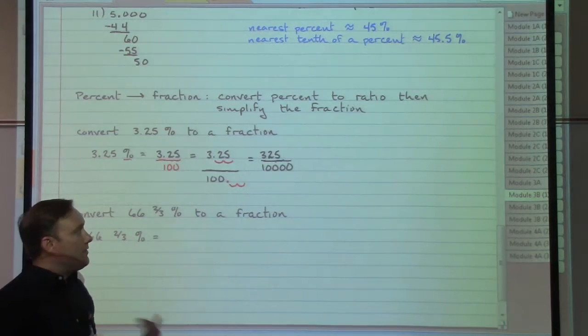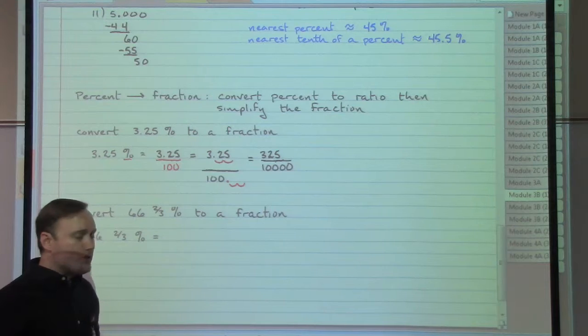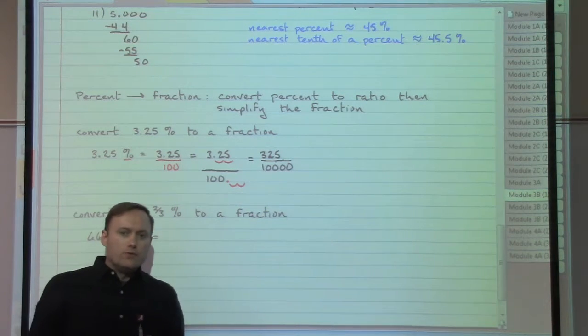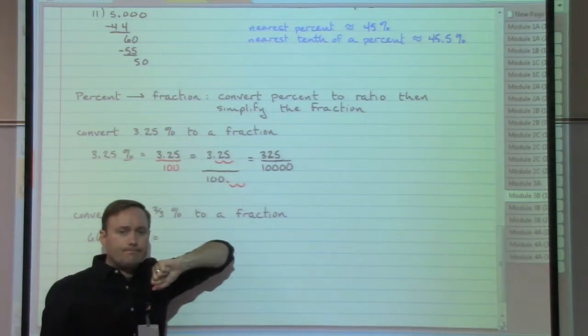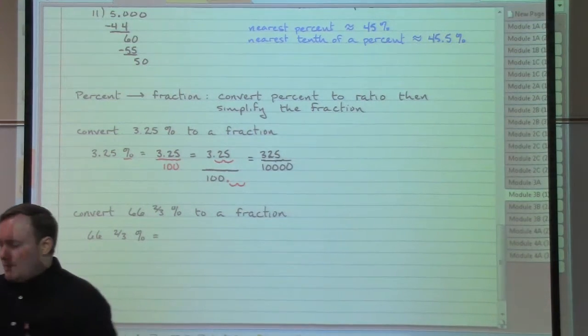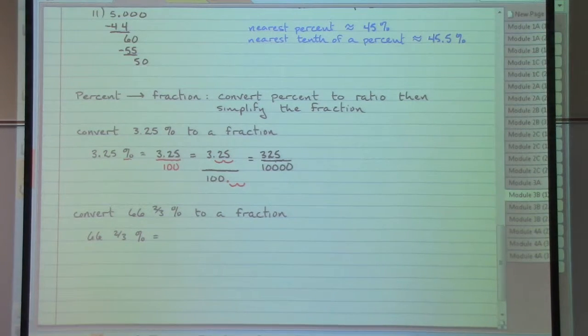The only other thing to worry about, as always, before we commit to a fraction answer, can I reduce? Can I simplify that fraction? Well, try to make this nice, 325. 25 will go into 325, and 25 will definitely go into the 10,000 on the bottom.